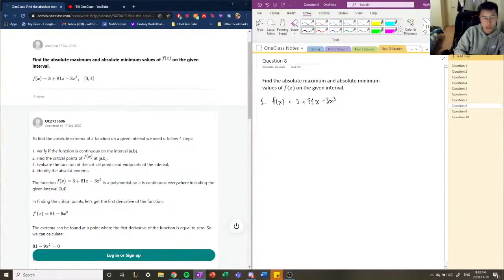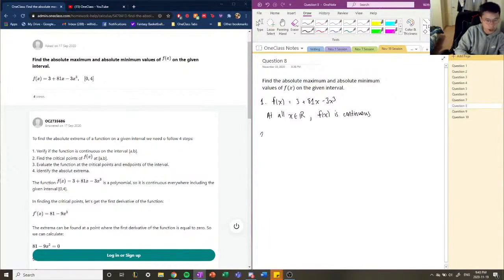This is just a polynomial, so for all x in the real number set, f of x is continuous. You can check this, and you can also graph it. Graphing is an excellent way of seeing whether a function is continuous.